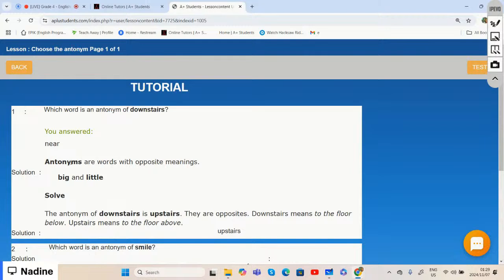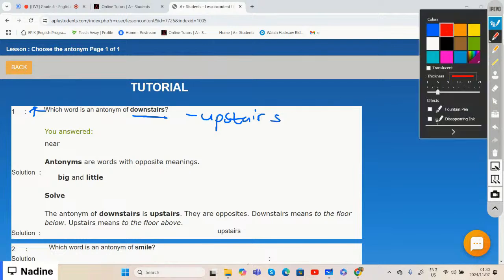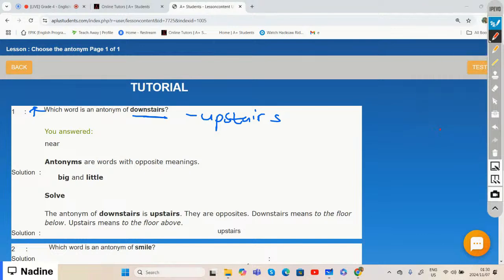If we look at the sentence, it says which word is the antonym of downstairs. If something is not downstairs, then where is it? Yes, we can say it is upstairs. If it's not downstairs, then it is upstairs.